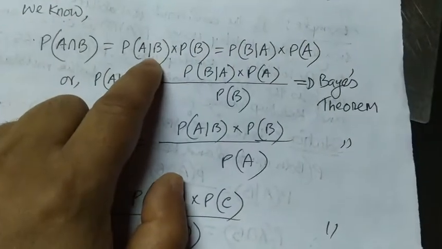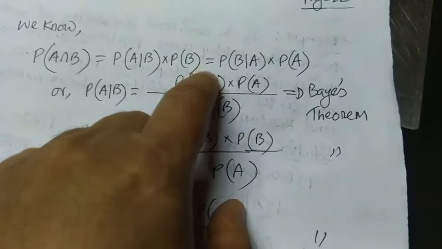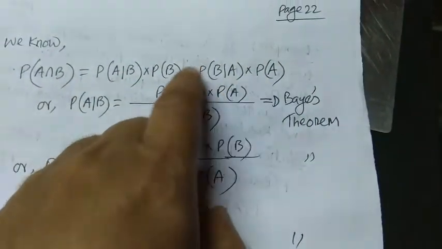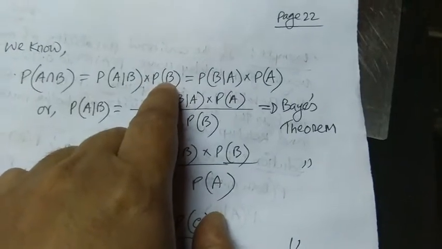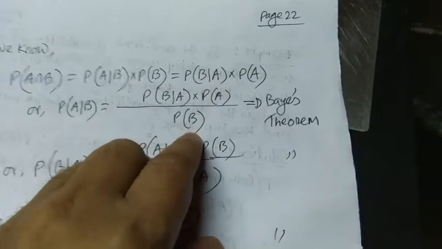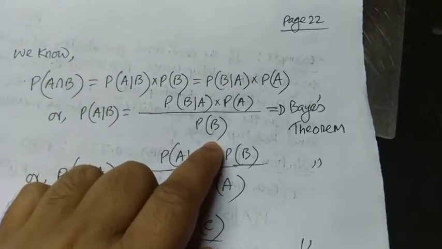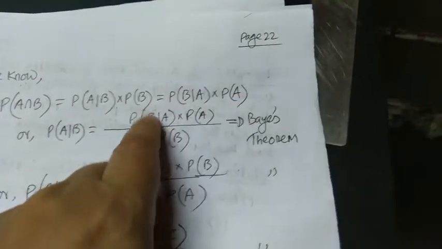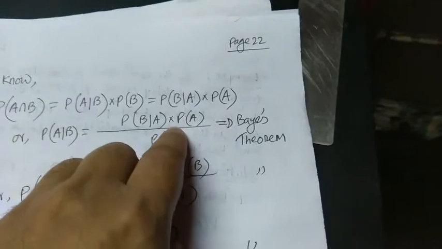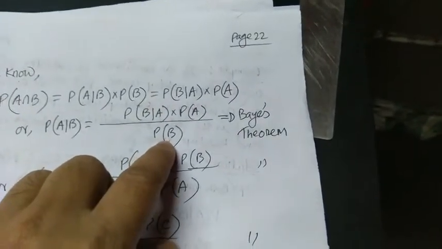So if you keep probability of A given B on this side, this one will move to the right hand side. It is in the multiplication condition, so if it moves to the right hand side, it will go in the denominator. That means we will divide by probability of B. So probability of B given A multiplied by probability of A will be in the numerator, and probability of B will go below, in the denominator.